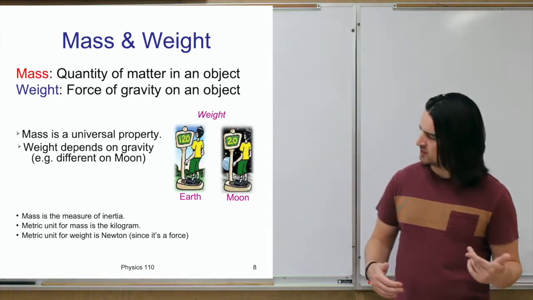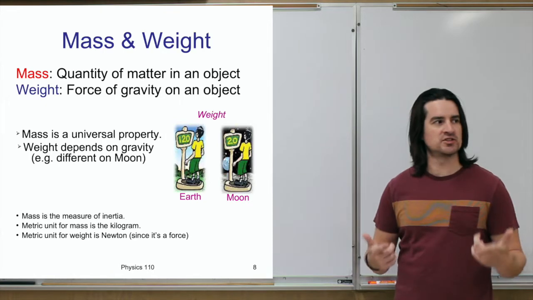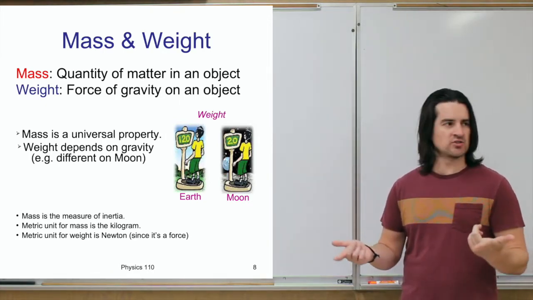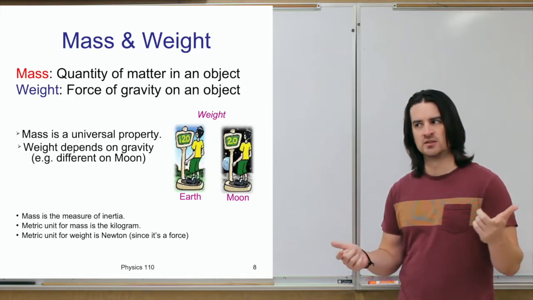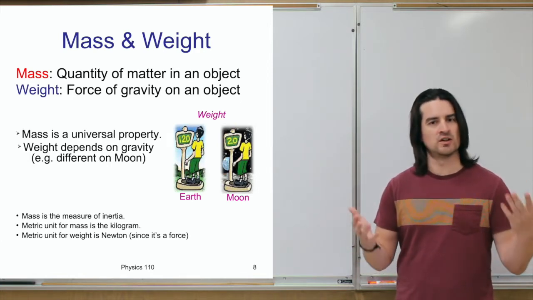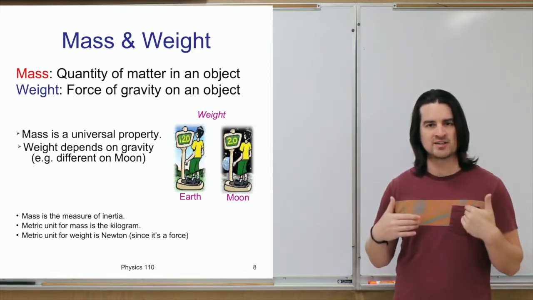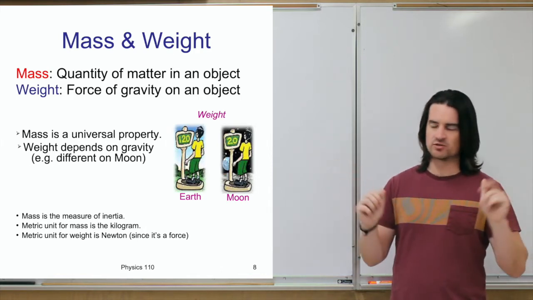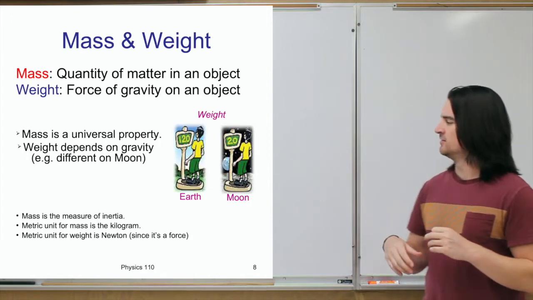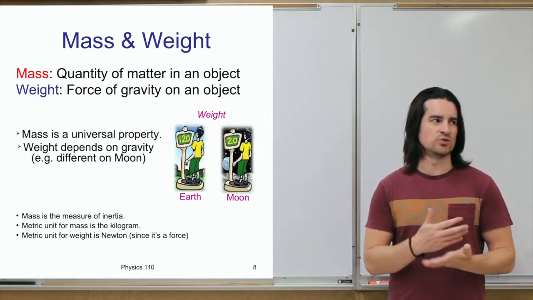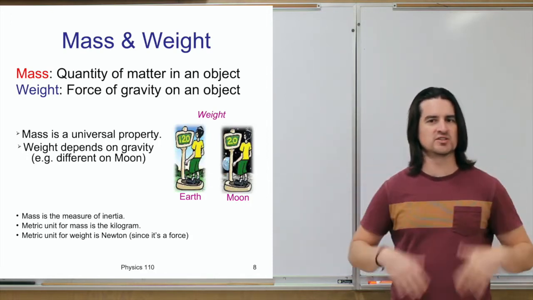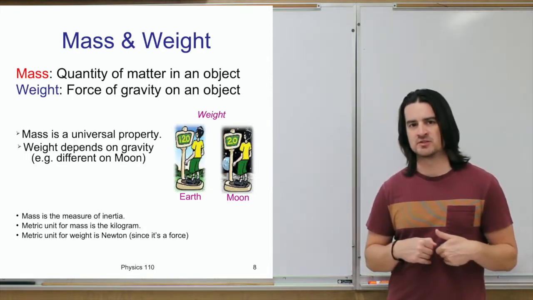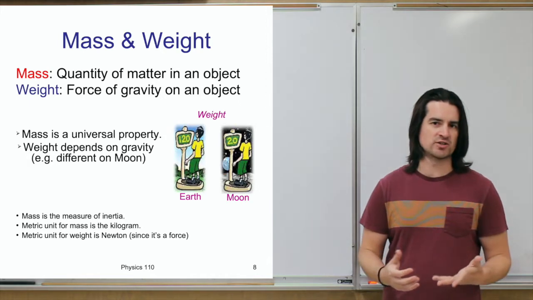The unit we use for mass, at least the metric unit, is a kilogram. In most of the world, they use kilograms as a measurement of their mass, but also as a way of telling somebody how much they weigh, which is a little bit misleading. But it's much more universal to say that I'm this many kilograms than it is to say I'm this many pounds, because pounds is actually a measurement of force.